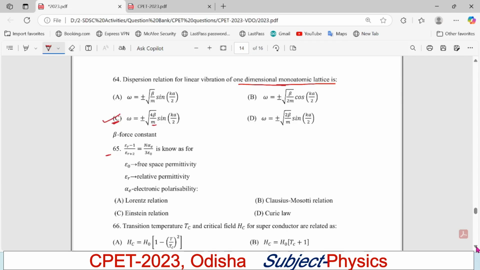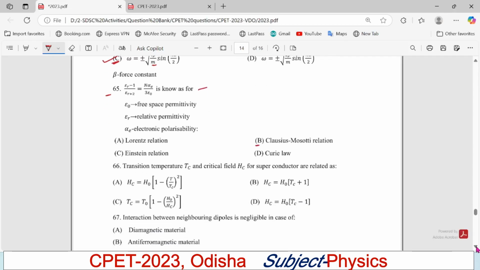Epsilon r minus 1 by epsilon r plus 2 equals n alpha e by 3 epsilon naught. This is plus 2. This is the famous Clausius-Mossotti equation, which relates the macroscopic and microscopic properties of a dielectric material. Here epsilon r is nothing but the relative permittivity, or dielectric constant, of the material.